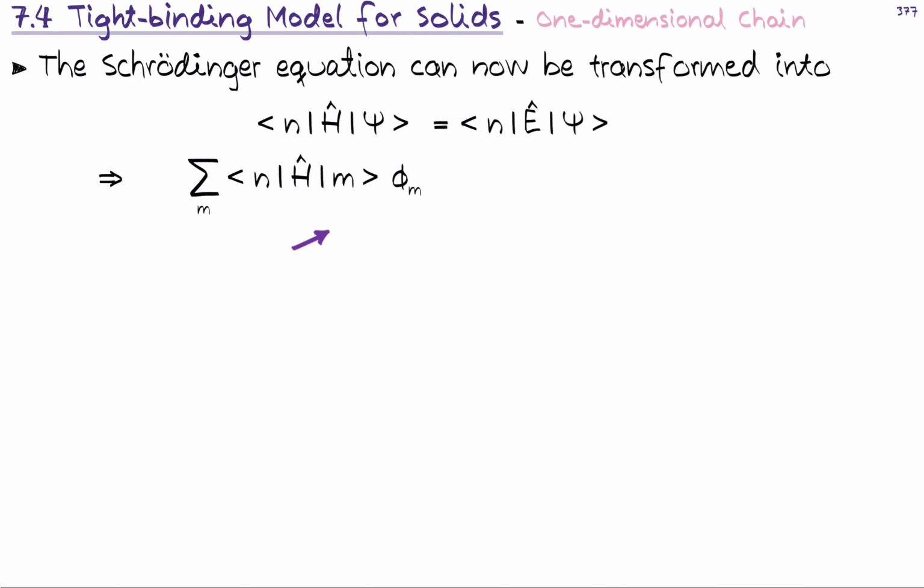So essentially, we are just describing the total wave function as the superposition over all of these atomic orbitals. And of course, we do the same thing on the other side for the energy operator, and then we get this kind of condition here, and then we have this phi m there.